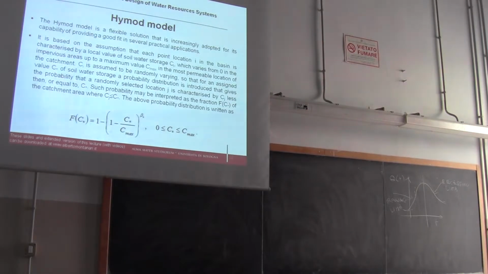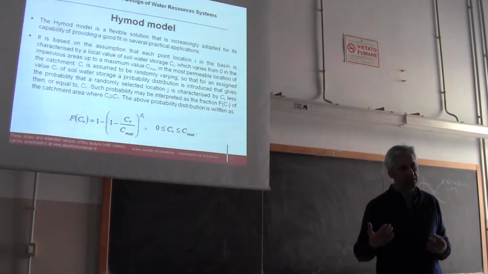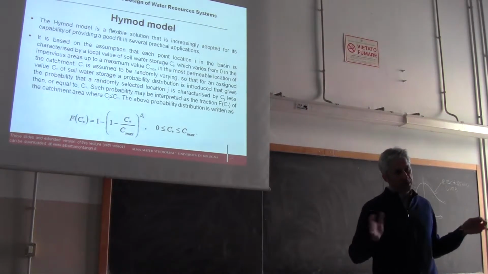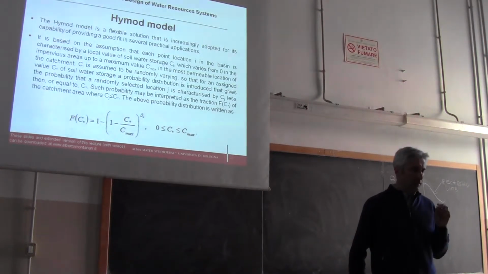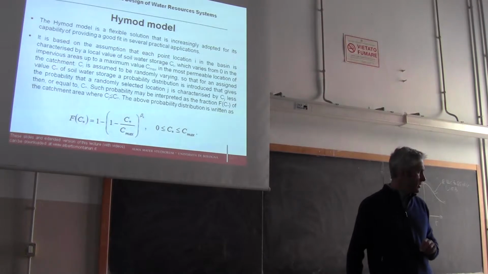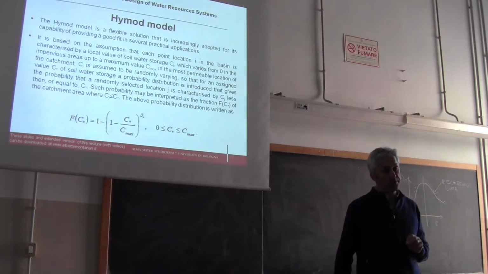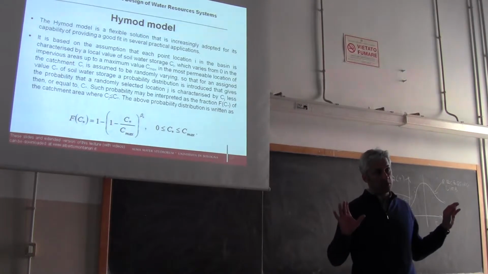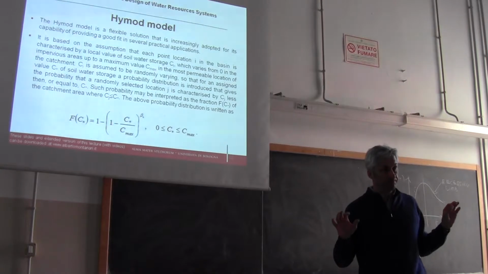So basically, it was felt when dealing with hydrological modeling that we needed something that gives a smoother representation. And also, it was felt that we needed to take into account an important feature of the runoff generation process, which is spatial variability.